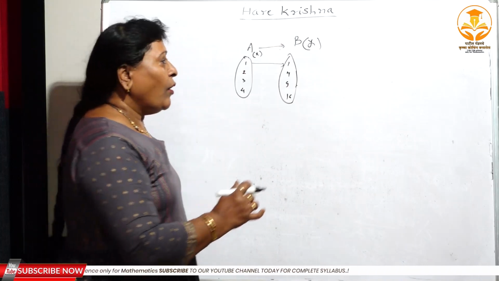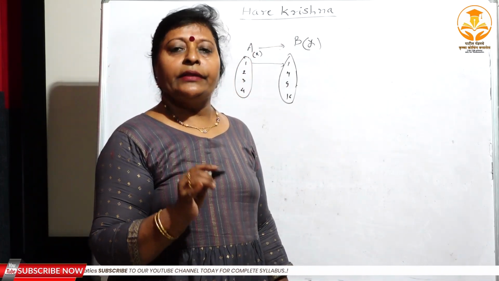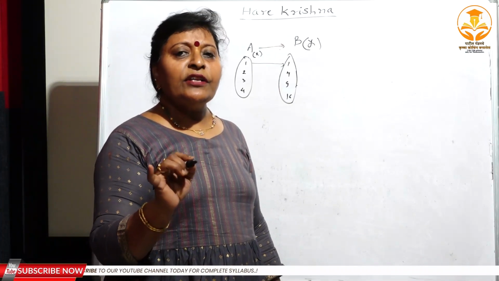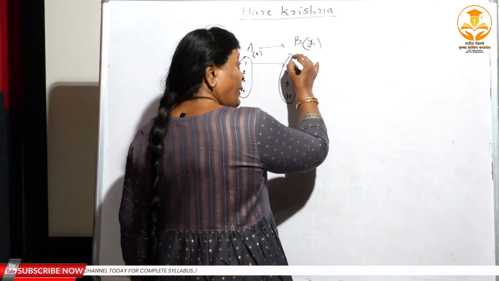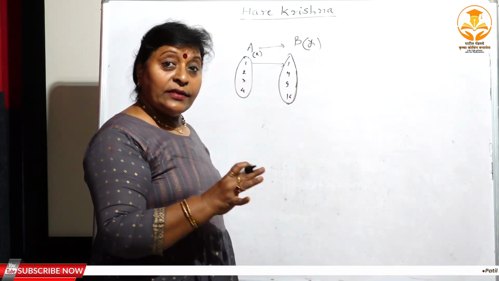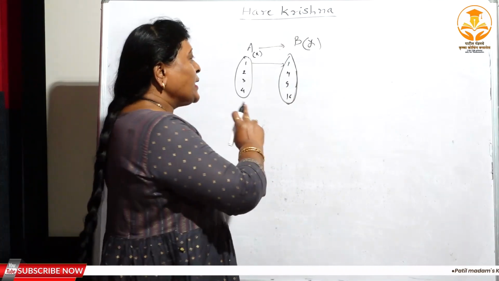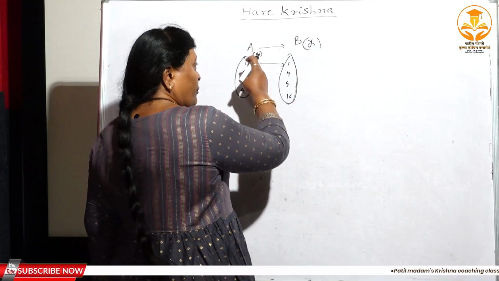And what do you mean by the onto function? If the function is 1-1 and onto, then and only then the inverse of a function exists, isn't it? Therefore, when every element of the set B has some pre-image in the set A, then it is called an onto function, right?